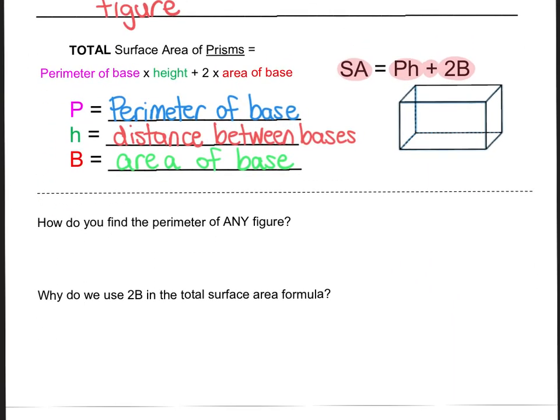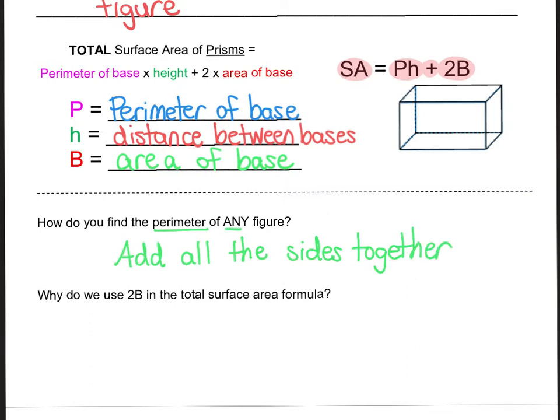So understanding which one the base is going to be is very important. So let's review real quickly. How do you find the perimeter of any figure? All you would do is add all the sides together. So why do we use 2b in the total surface area formula?